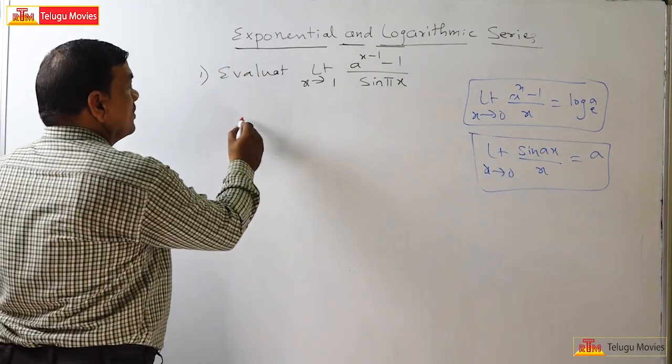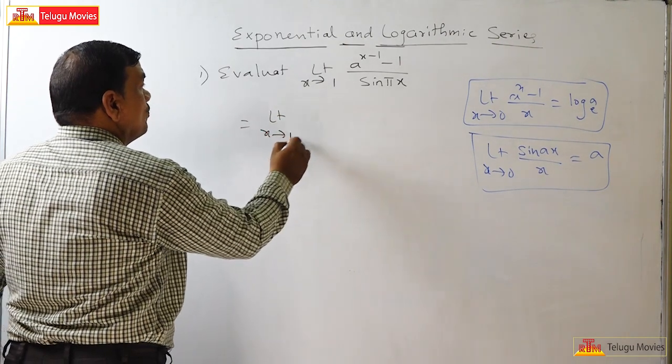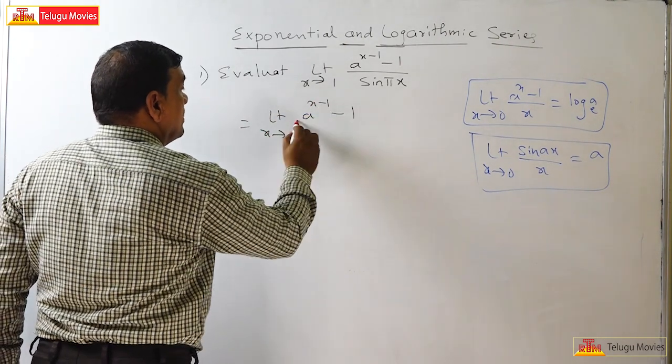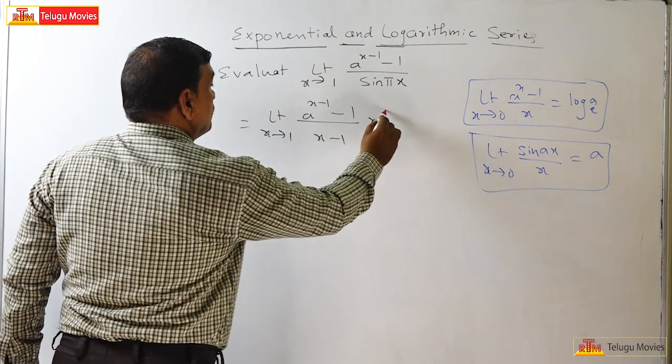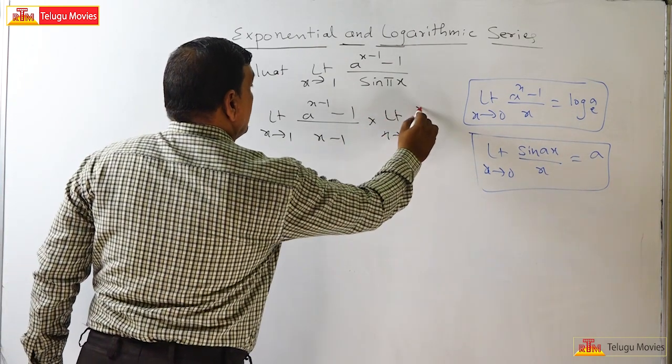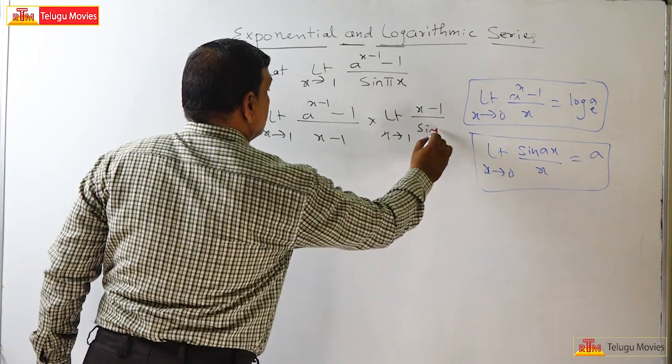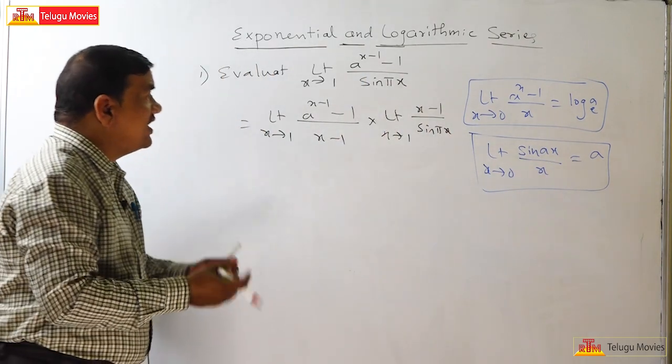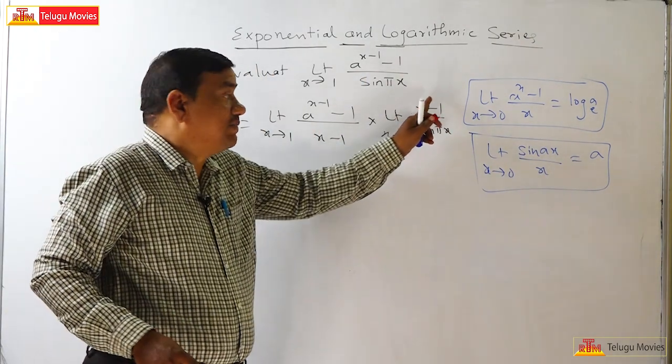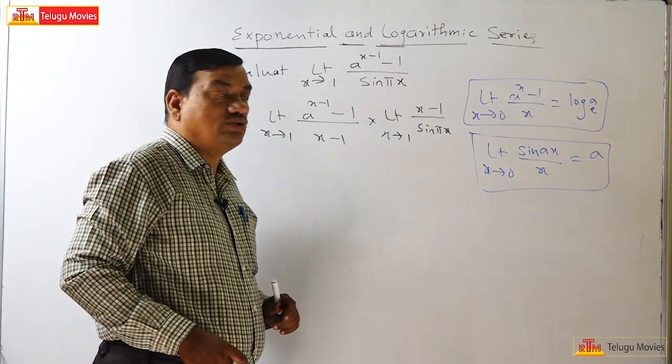So, say here, limit x tends to 1, a^x − 1 by, let us write x − 1, limit x tends to 1, (x − 1)/sin(πx). Can we write like that? That means we multiplied and divided with x − 1.